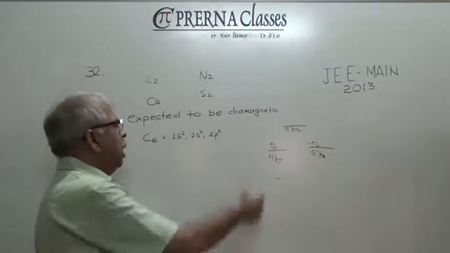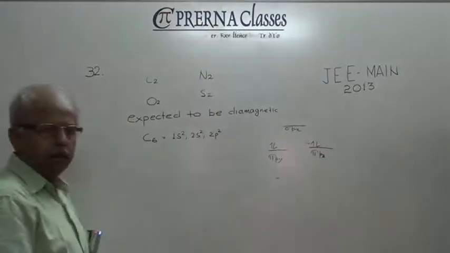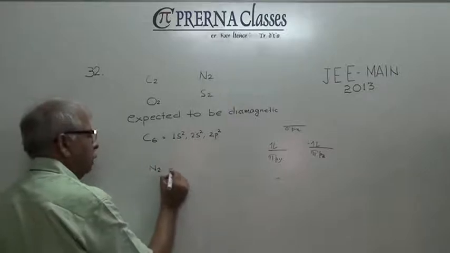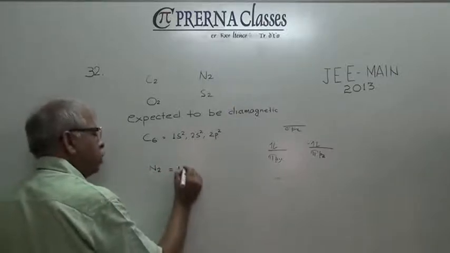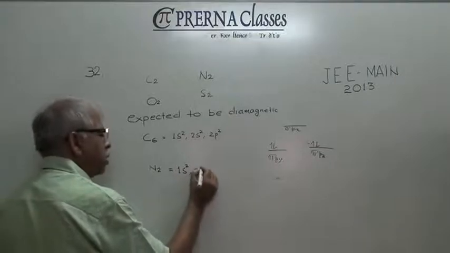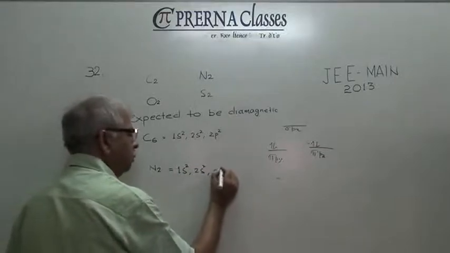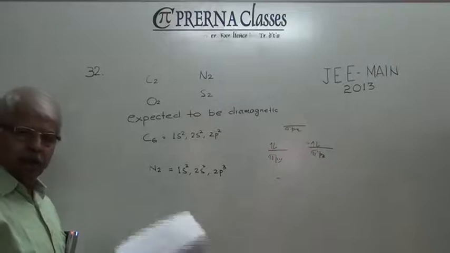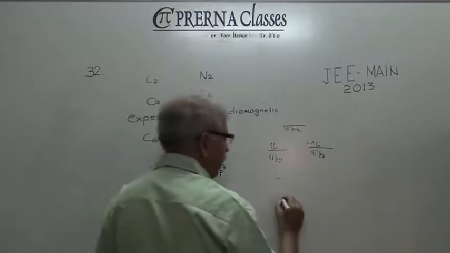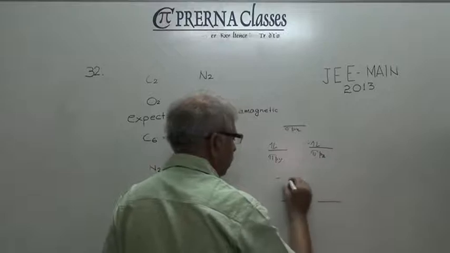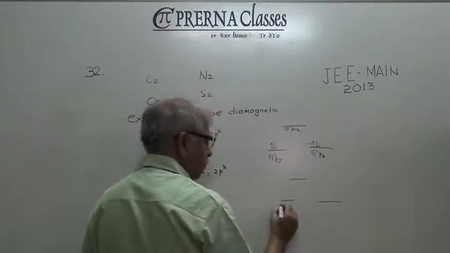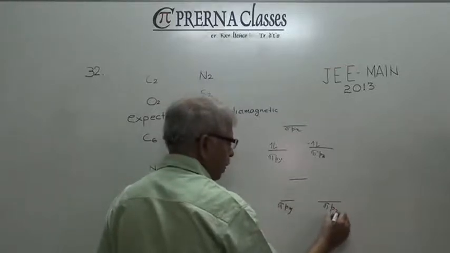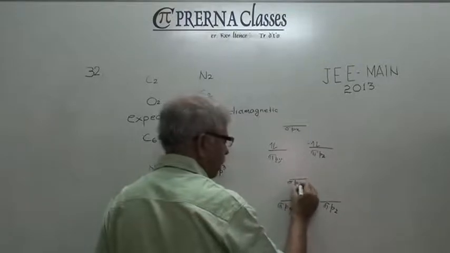But if you look at nitrogen, that electronic configuration is 1s2, 2s2 and 2p3. That is, you have 6 electrons, and again if you look at it, this is the outer orbitals diagram, that is pi py, this is pi pz, and then the sigma px.